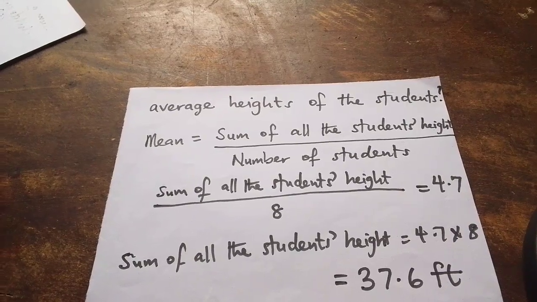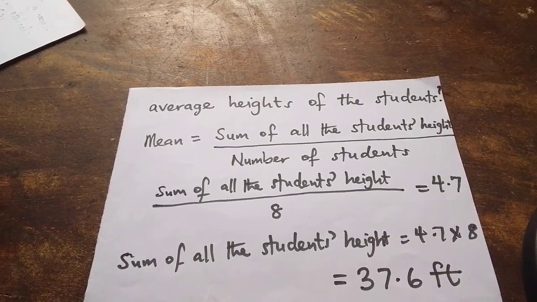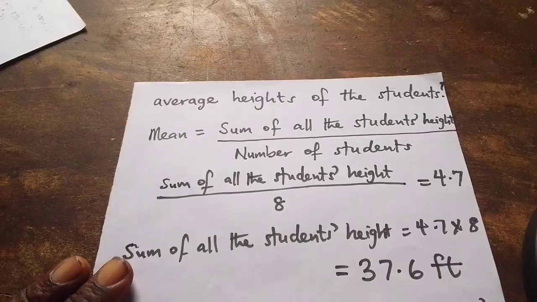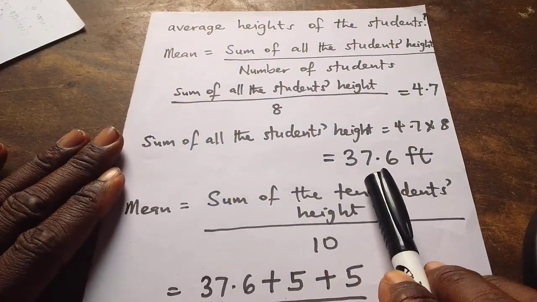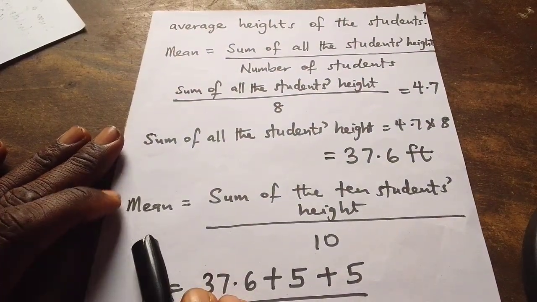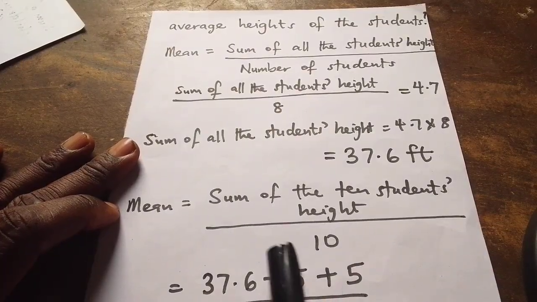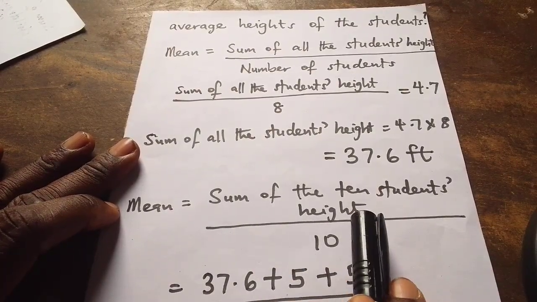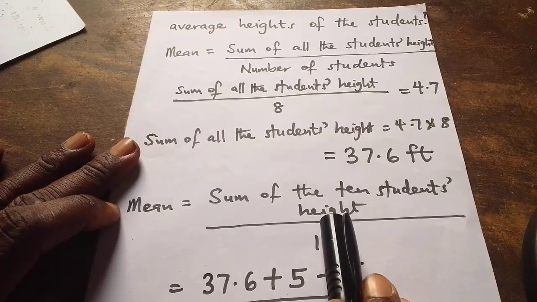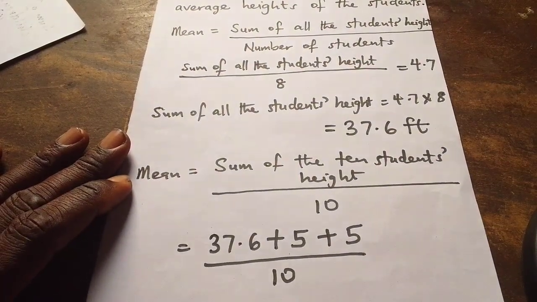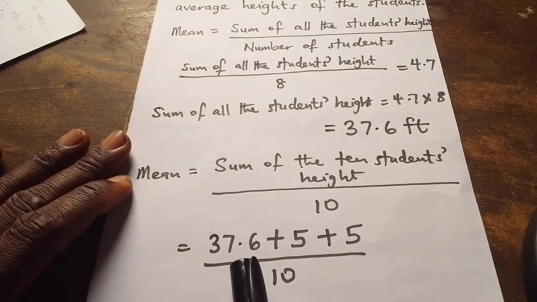Now we want to know the average of 10 students. We had 8 students before, and they added 5 feet each. So to look for the new mean, the sum of the heights of the 10 students divided by 10. We've got the height of 8 students already, which is 37.6.